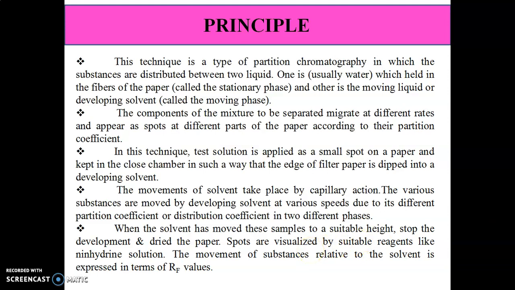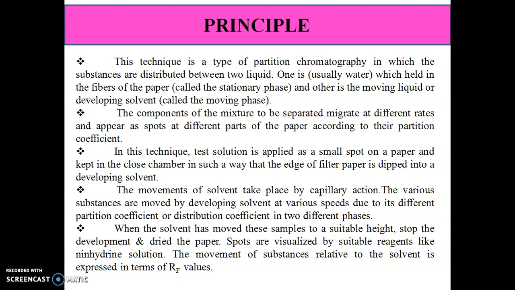Various substances are moved by the developing solvent at various speeds due to their different partition coefficient or distribution coefficient in two different phases. Those components having higher affinity towards the stationary phase will travel slowly, and those having higher affinity towards the mobile phase will travel very fast.